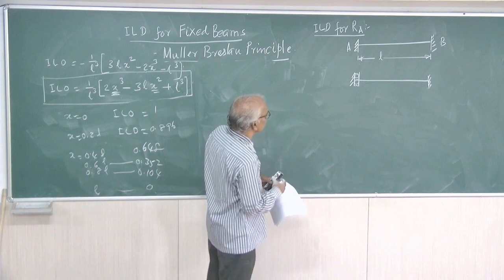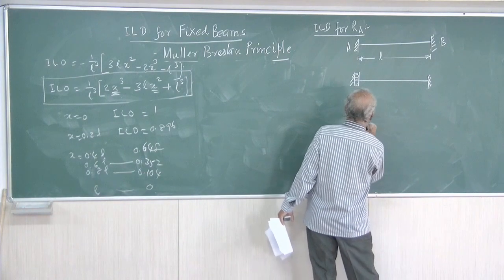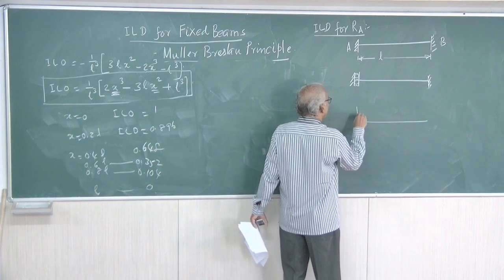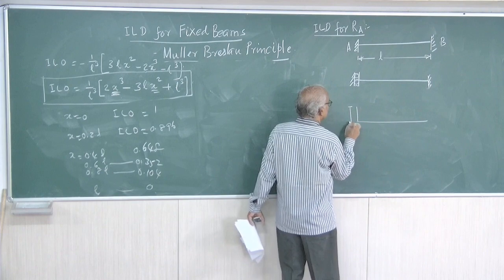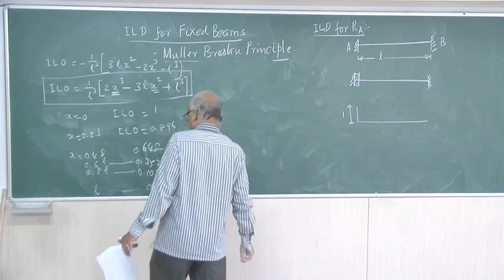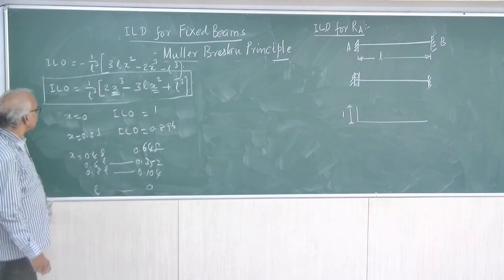So x is measured from the left, therefore here the influence line ordinate will be 1. You know, this is the governing equation. Influence line ordinate equation is this.